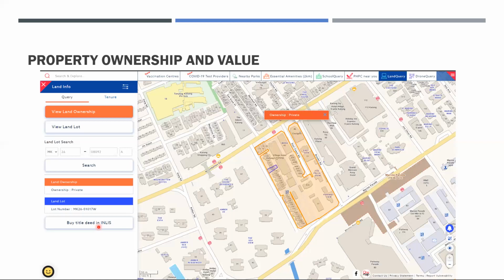You can also use that knowledge to help you anticipate any potential land ownership or land tenure related conflicts in the future.